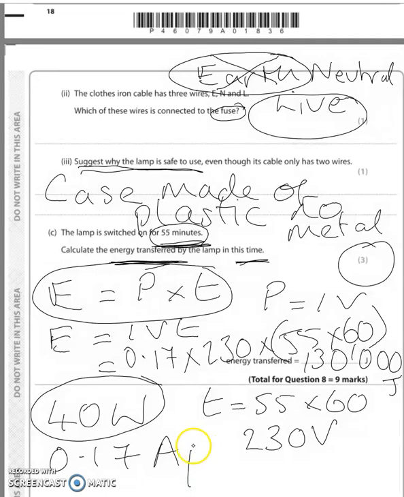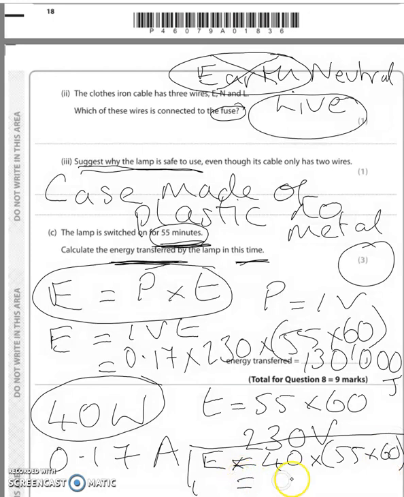If you don't want to go through that whole rigmarole, what you can do is just do 40 multiplied by 55 multiplied by 60. And you'll end up with the same answer a lot more easily. Make sure you've got joules because we need the unit.